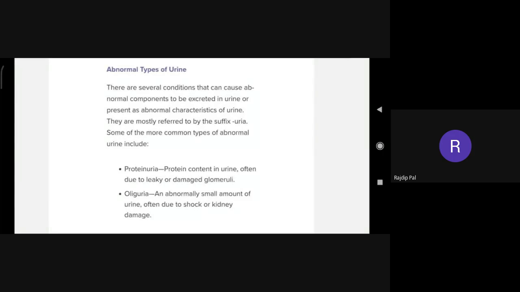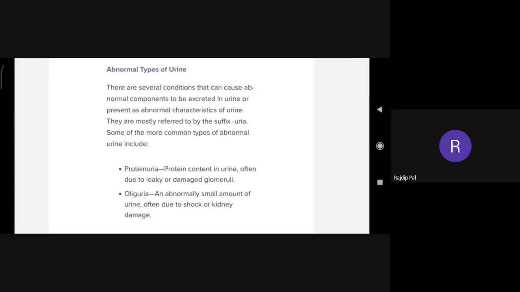Means if urine is containing more protein than normal, often due to leaky or damaged glomeruli, then the disease is named proteinuria. Protein plus the suffix uria.